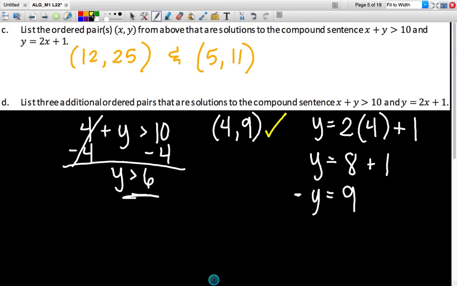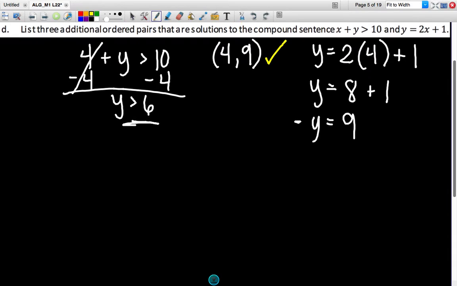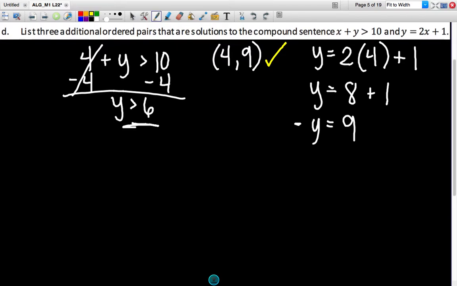Let's plug in 6 and see what we get. It's much easier to plug into the equation versus the inequality because the inequality has a range, so to speak, right? This is all values greater than 6, where the equation is just going to have one value that typically works. So we plug in 6, let's plug into the equation first. So y equals 2 times 6 plus 1.